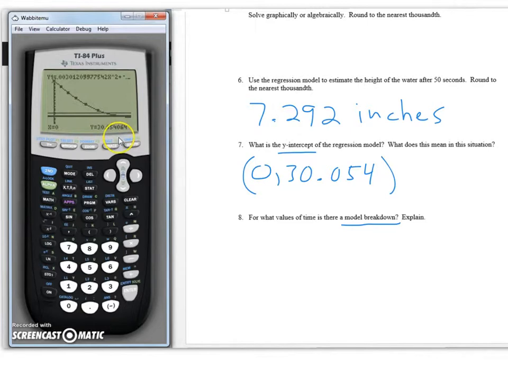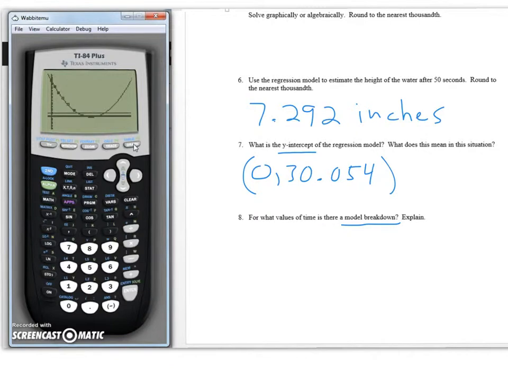So if we scale the window on this graph a little bit, just so that you can see what the bigger picture looks like, if I change the x max to a bigger number and maybe the y min to a little bit smaller number so we can see a bigger range of the values, you'll see that you get a parabola.